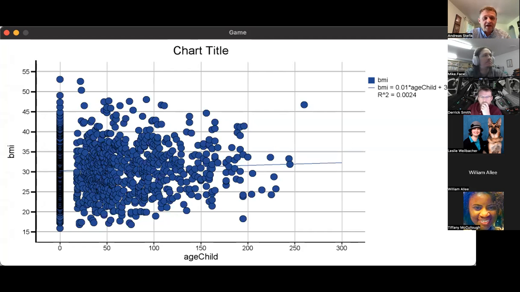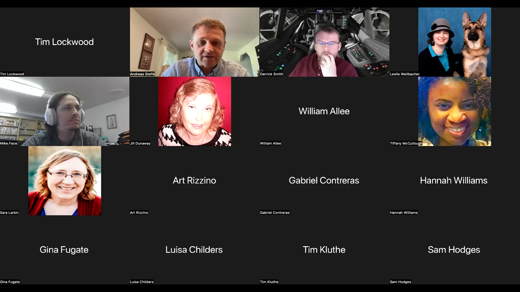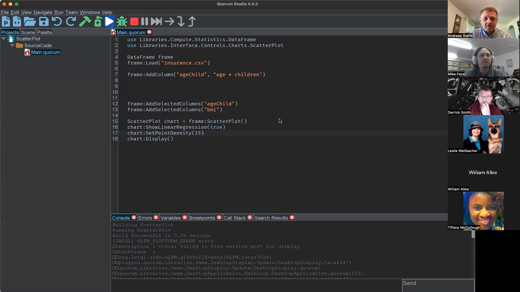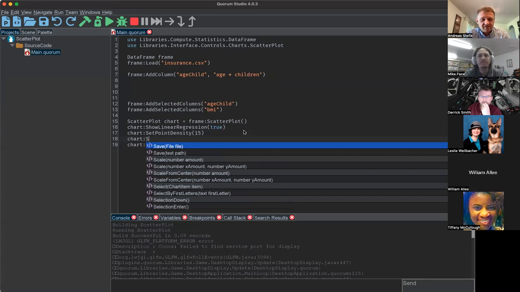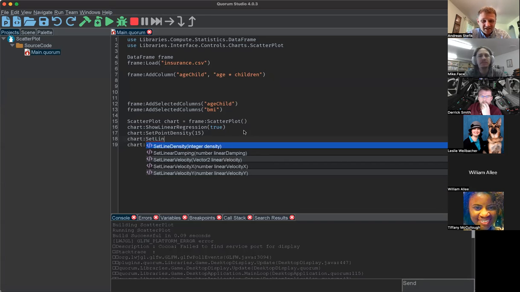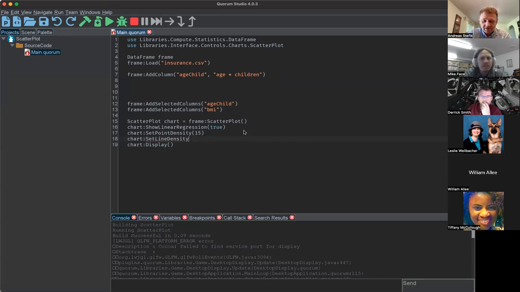I think we can do the line density too, although I'm not positive it goes for the regression line, but let's try that too. Oops, there we go. So let's also try the line density. Set line, oops. And it's possible Hannah will kill me if this only applies to the lines, not to the... It does.